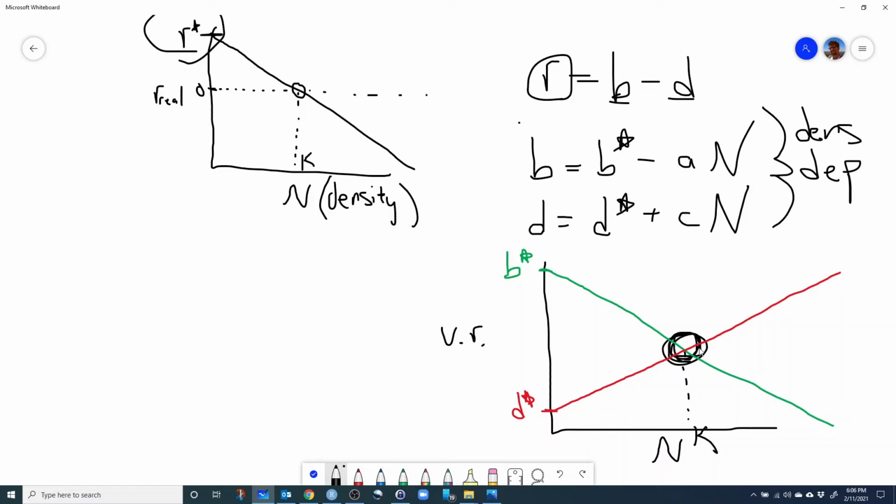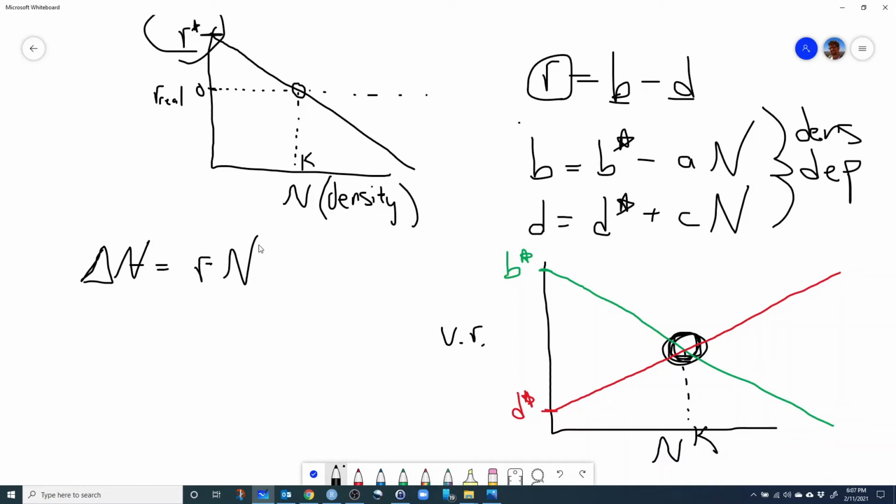Now let's go over the mathematics. All right, let's think about this equation. Let's start from a very simple place. What I'm going to start off with is the basic equation of exponential growth: delta n is equal to r times n.